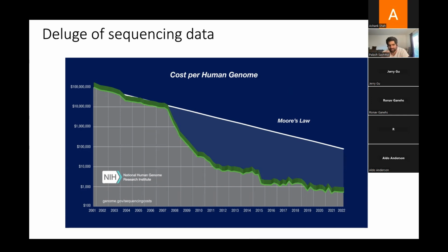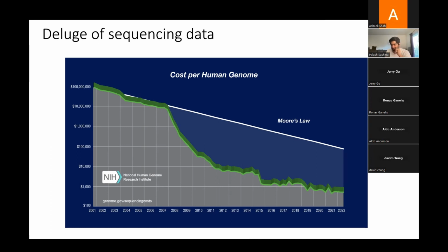But now, with technology becoming more and more efficient, you can sequence the human genome for just about $1,000. And this reduction has been faster than Moore's law. Because of this, there's so much sequencing data out there. That's another reason that computational biology is an exciting field, because you have a lot of data to work with, and it's only growing by the day.